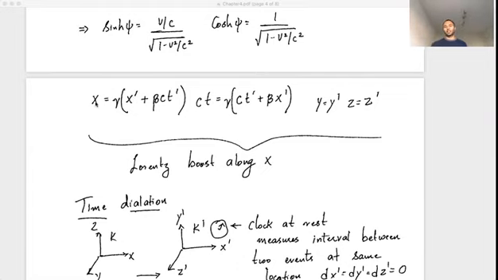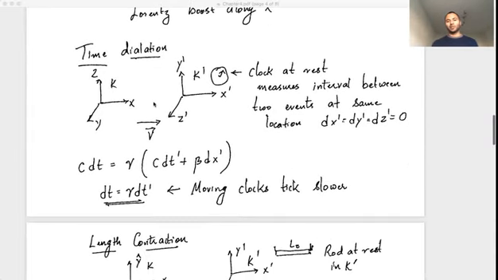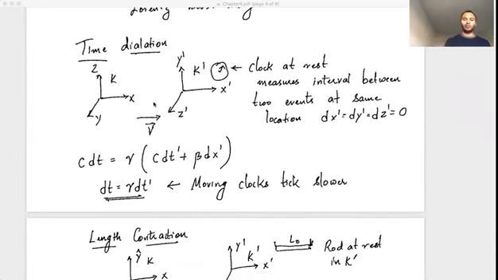And by symmetry, you can again write an equation where you go from the unprimed frame to the primed frame, and you get an equation similar to this but with a negative beta, because the relative velocity is negative in this case.